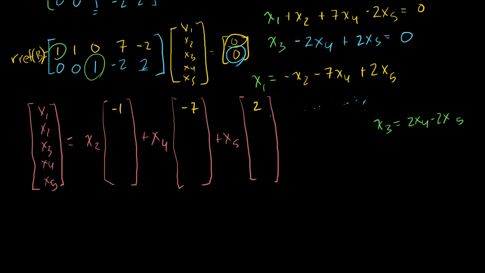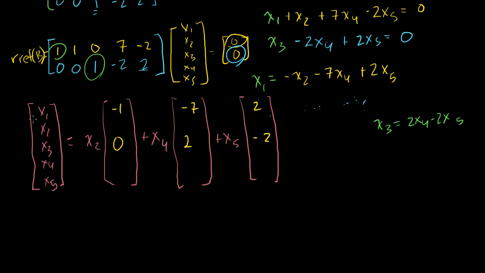And what is x3 equal to? x3 is equal to 2x4, right? It had nothing to do with x2 right here. So it's equal to 2x4 minus 2x5. And it's 0 times x2, right? Because it had no x2 term right here.